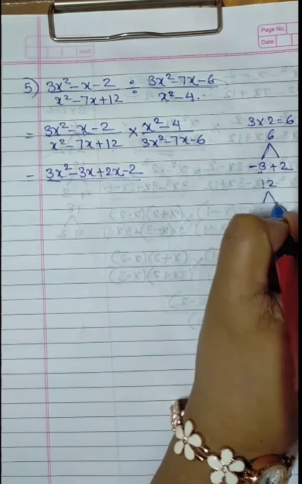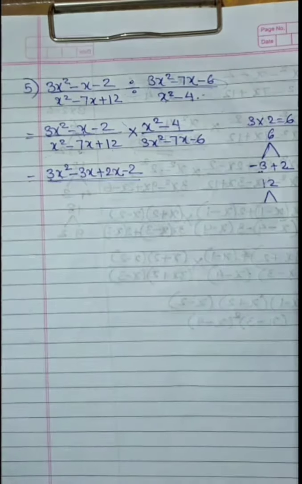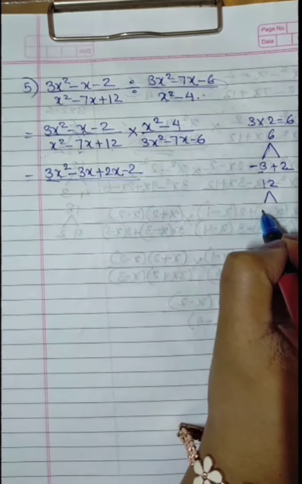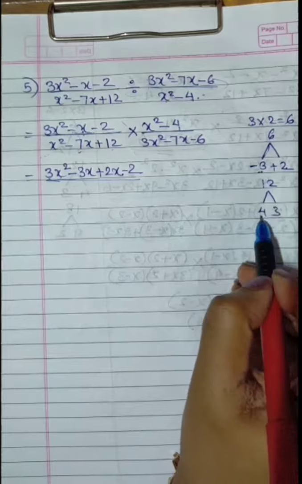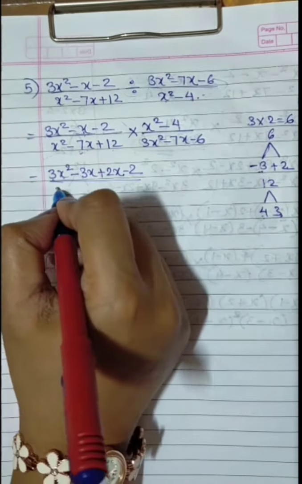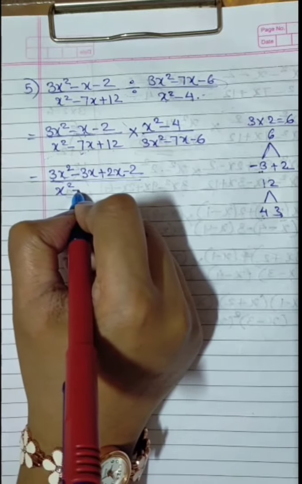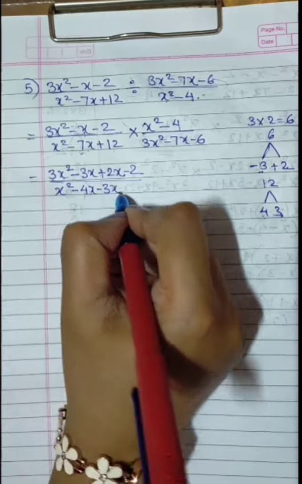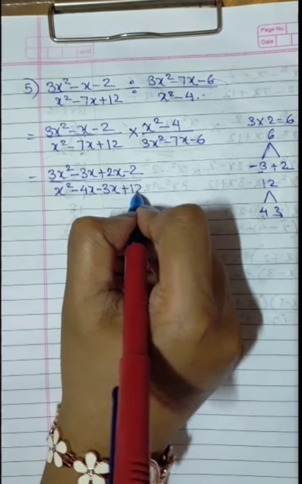So 12, and in the middle term is what? 7x is there. So as you can know that 4 3s is 12. Okay, and 4 plus 3 is 7. So we are taking x square minus 4x minus 3x then plus 12.